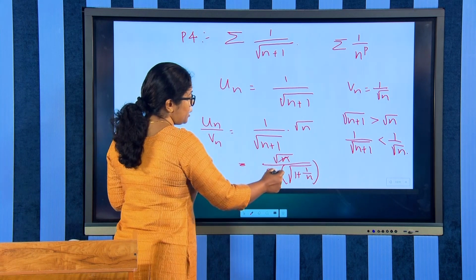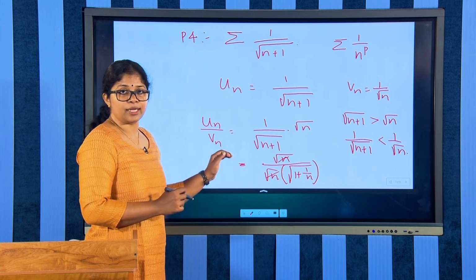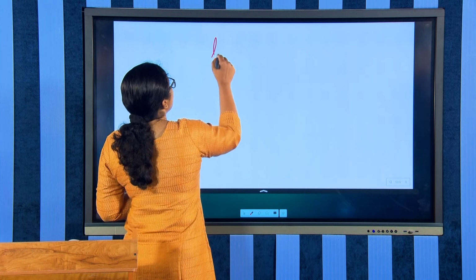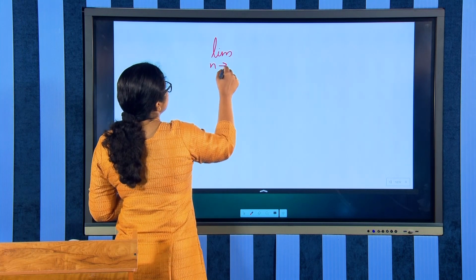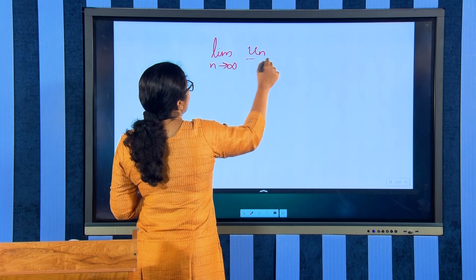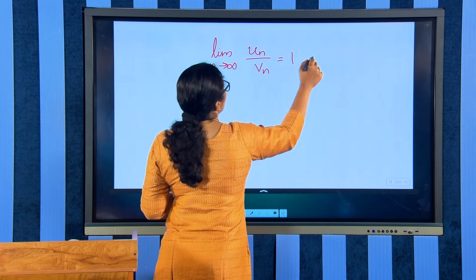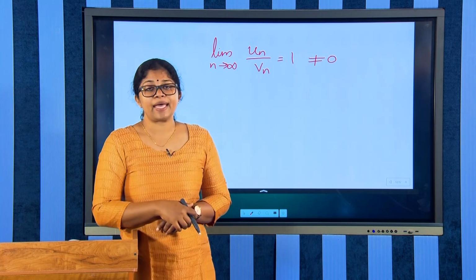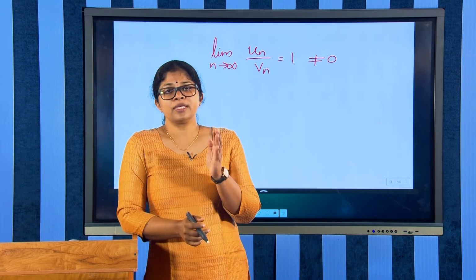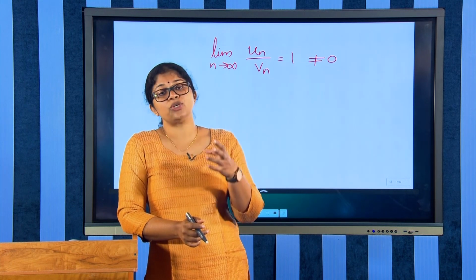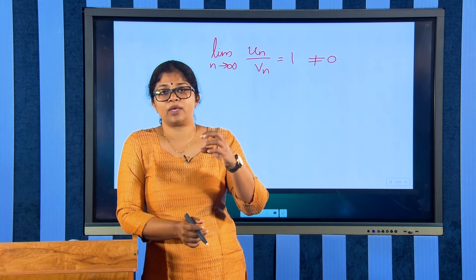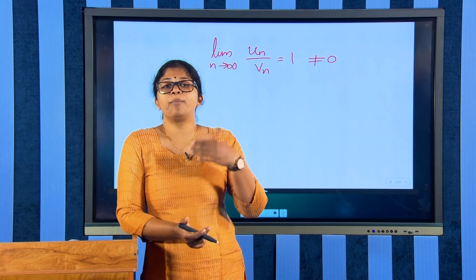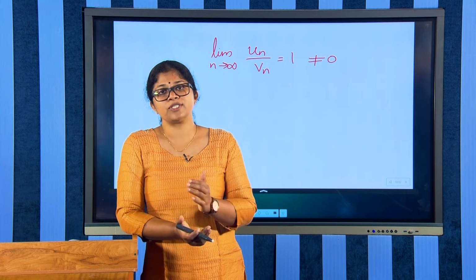So, root n and root n will get cancelled when you take the ratio, and as n goes to infinity, limit n tends to infinity, un by Vn is nothing but 1, which is a non-zero finite quantity. And what does limit comparison test say? If the ratio limit un by Vn goes to a finite non-zero quantity, both the series converge or diverge together.